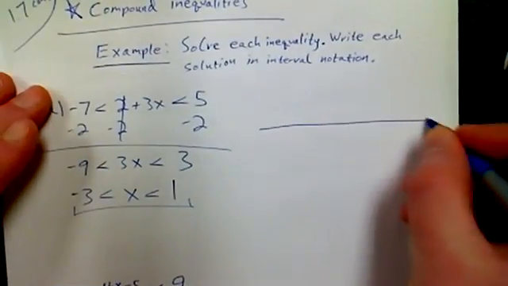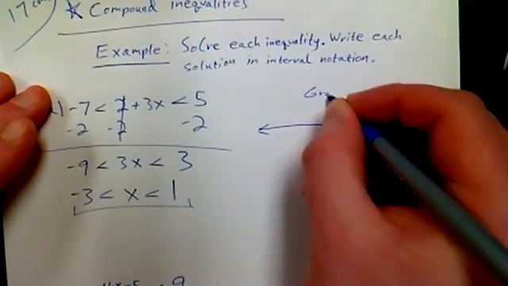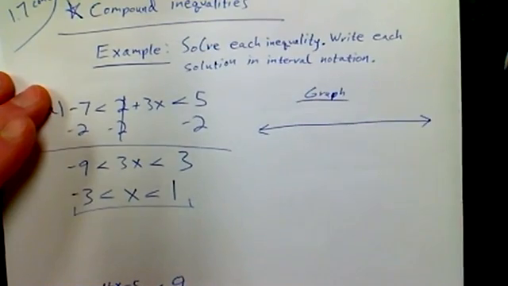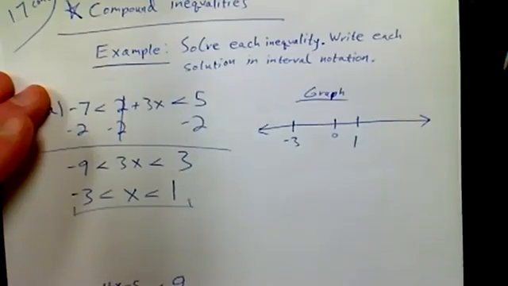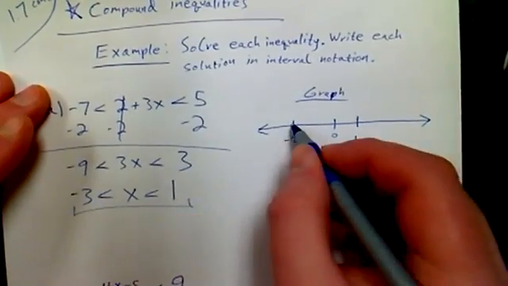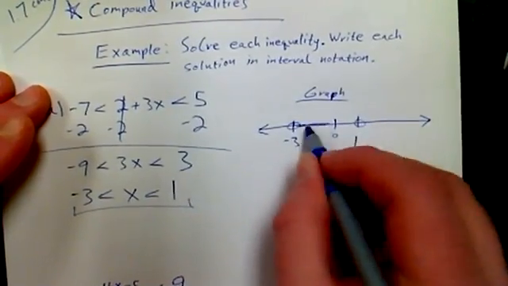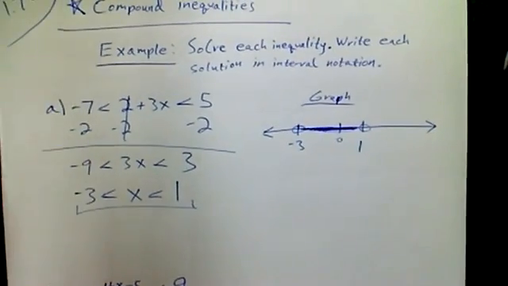So notice what I have right here. If I want the graph of this, here's our graph. It looks like this, from negative 3 to 1. We're not including those points. So we're just talking about all values in here.